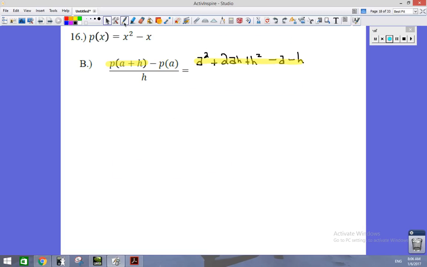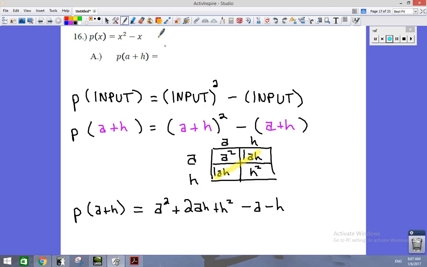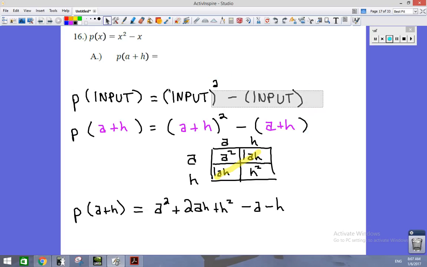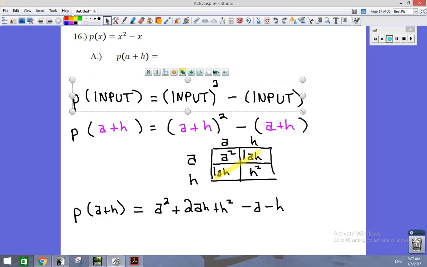Now the easiest part, well, besides the h, I guess the easiest part is just to write h, because you're not doing anything to that. Now this subtraction, what am I subtracting? Well, again, think back of the idea of what the rule of this function is. It's not letting me highlight. There we go.